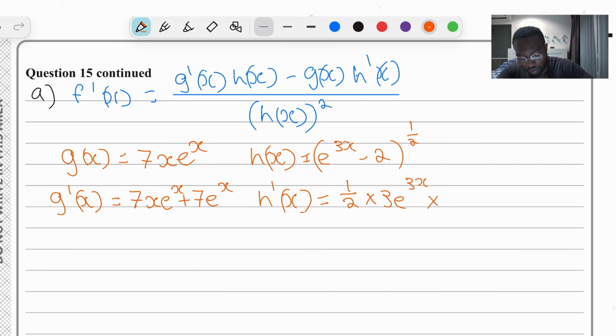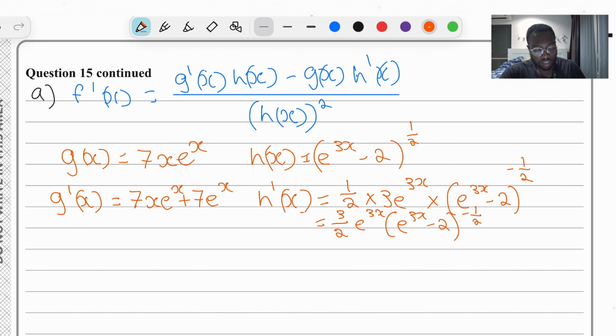And then we also have whatever's in our brackets originally, so that's the e to the 3x minus 2. And then you put the power down, so that's minus a half. So therefore, for that one there, it would be 3 over 2 e to the 3x, and then all of that times (e to the 3x minus 2) to the power of minus a half.